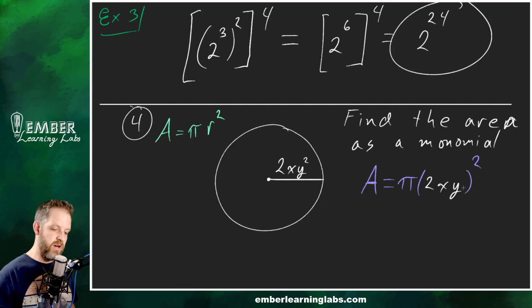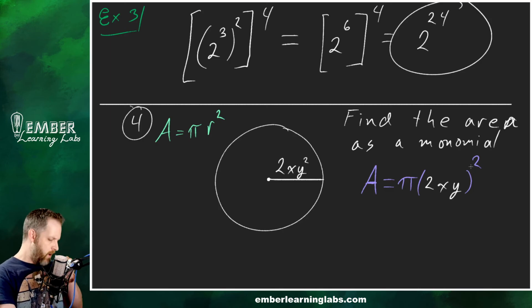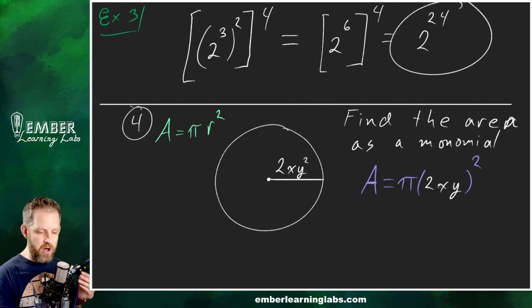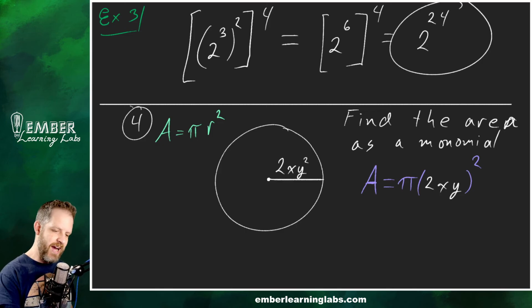All right? So now we've got all this raised to the 2 squared, right? Now, what this does is when we have a product to a power, it kind of distributes, basically, right? So this 2 applies to everything.